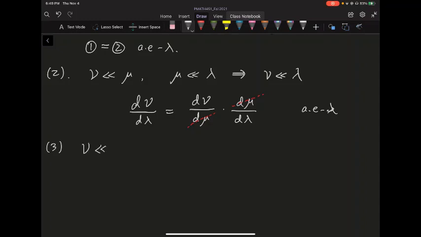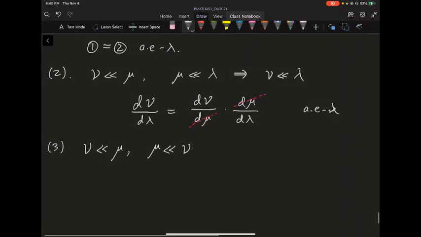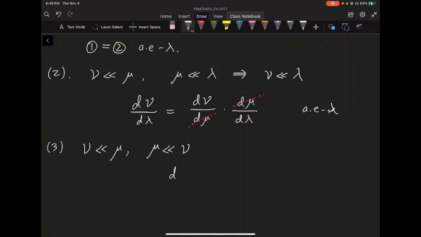Suppose mu is absolutely continuous with respect to nu, and nu is absolutely continuous with respect to mu. Then if you think about it, because mu is smaller than nu, I have a Radon-Nikodym derivative of mu with respect to nu. And I can do the same for the other one, so I have d nu over d mu.